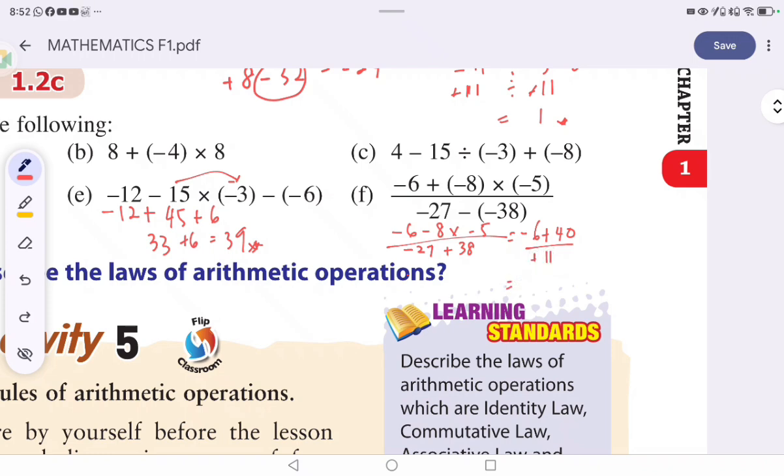So your answer is 40 minus 6, that is 34, over 11. This 34 you divide by 11, you will get 3 1 over 11. So this is the answer.